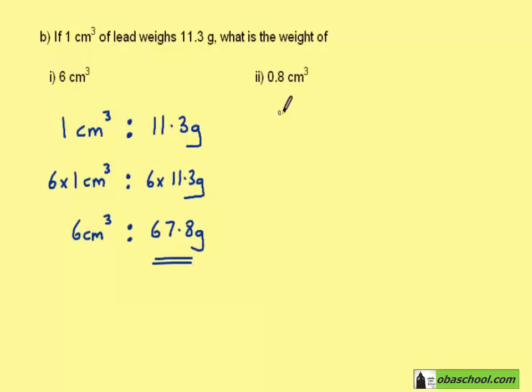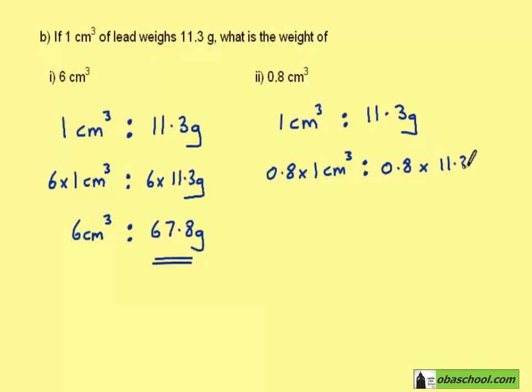Now for 0.8 centimeters cubed, we know that 1 centimeter cubed is equivalent to 11.3 grams. Multiplying both sides by 0.8, 0.8 times 1 centimeter cubed would be 0.8 times 11.3 grams.